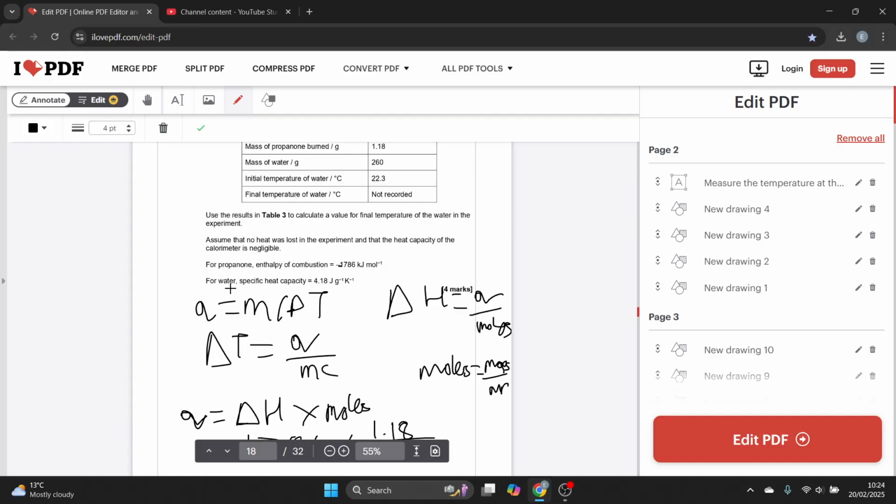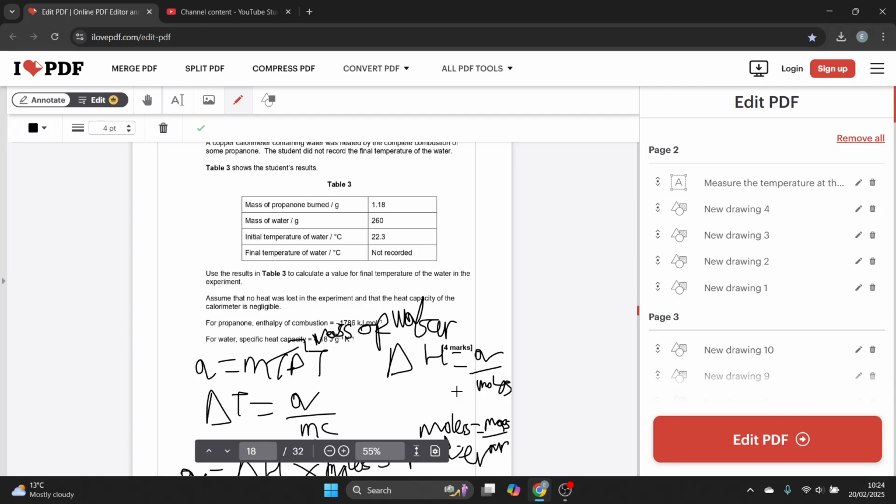I want to find out delta T. Well, then it's going to be my answer for Q over the mass of water, because I've just rearranged the equation. The mass of water is given in the table at 260. So 260 times by c, 4.18.